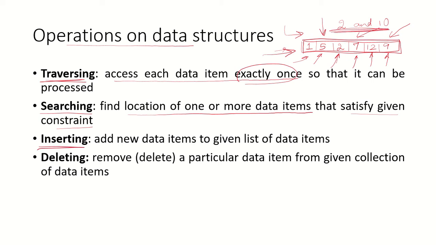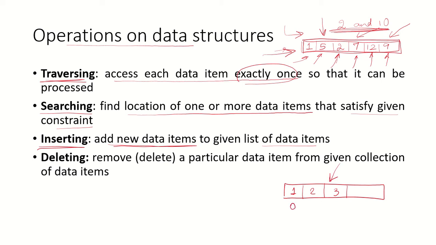Insertion. When we have to add new data items to a given list of data items, that is called insertion. If this is an array and these are the values given over here, and now we are told that we have to insert a value 5 at subscript 2.